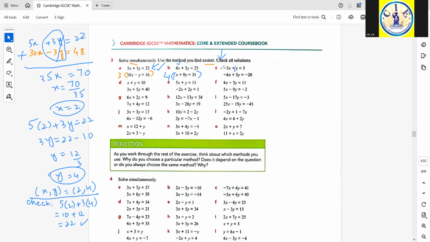In this case, I need to multiply this equation by 5, which is the coefficient of y in the other equation, to have equal coefficients. So I will be getting negative 15x plus 5y is equal to 25, and the other equation remains unchanged.